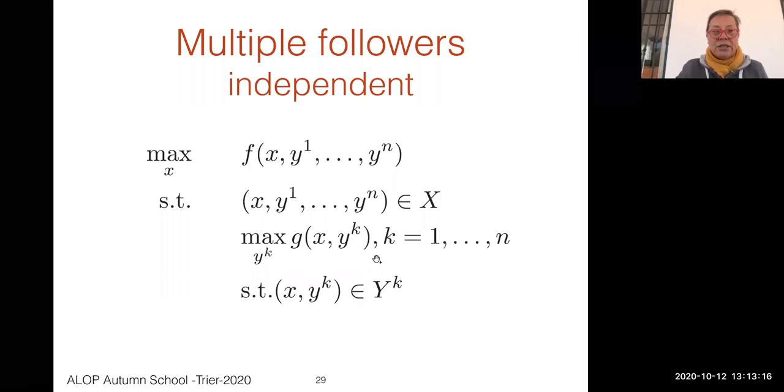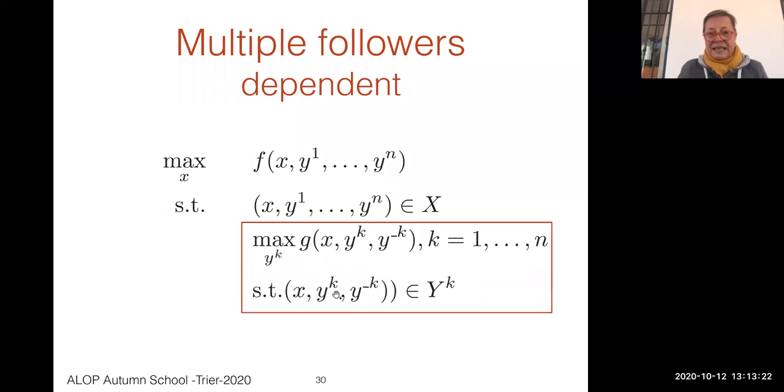But you may also have the situation where those followers are dependent. That means each one faces an optimization problem which depends not only on the first level decision variables, but also on the decision variables of the other followers. For instance, there are problems in the energy domain, for electricity markets, in which it is assumed that the second level corresponds to a Nash equilibrium between the different followers.